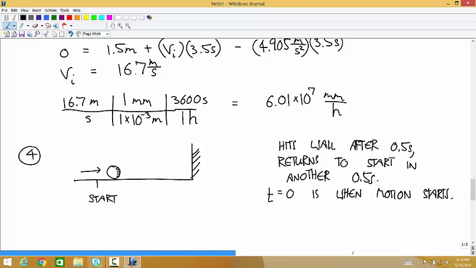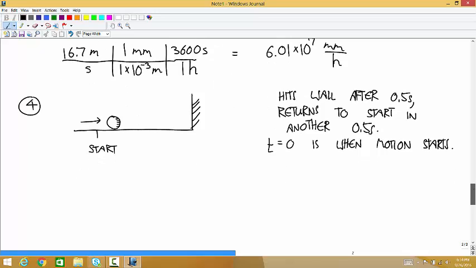And we're going to plot position versus time graphs. First with the position equals 0 at the starting point and the positive direction toward the wall.